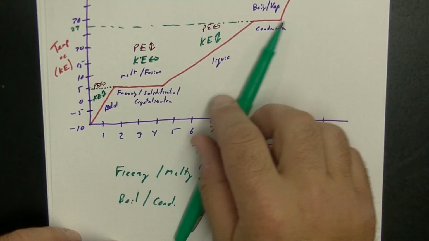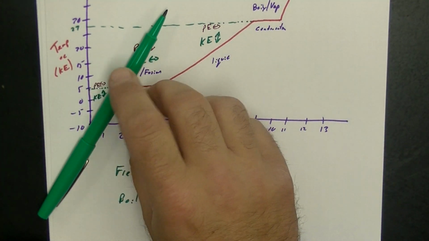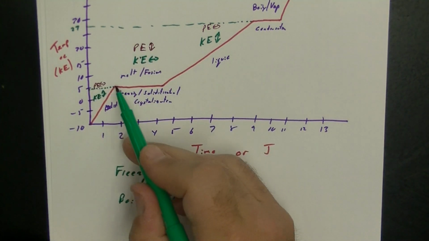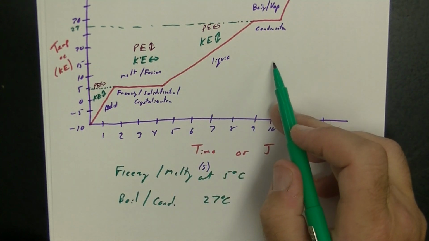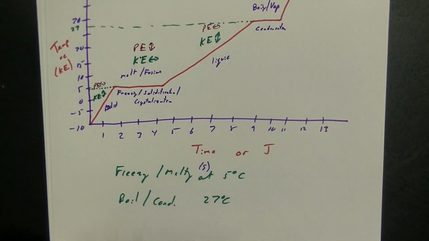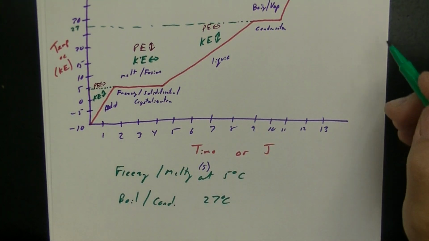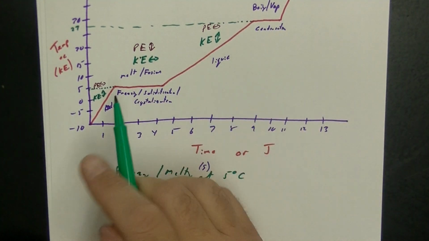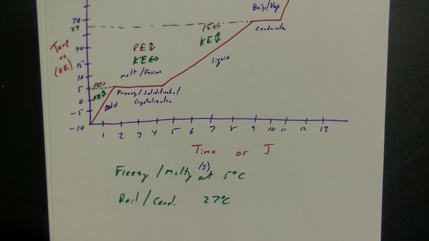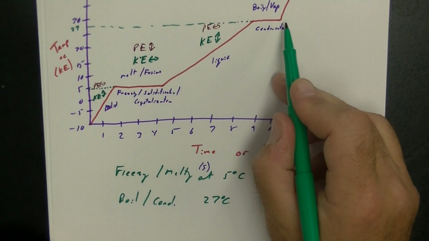If it doesn't take much energy at all, it's going to go up pretty quick. So it's much easier to heat this solid than it is to heat this liquid. Same thing with these lines. The length of the line can tell us how hard or how easy the substance is to freeze or melt and boil and condense.